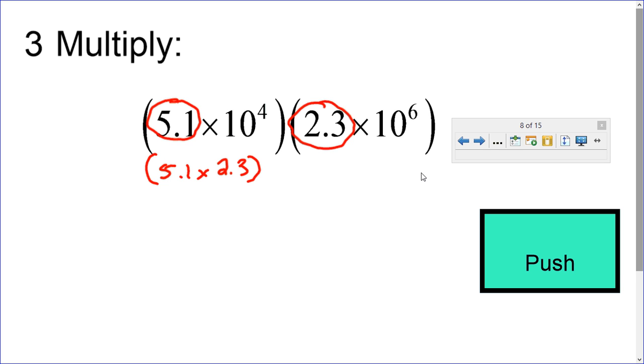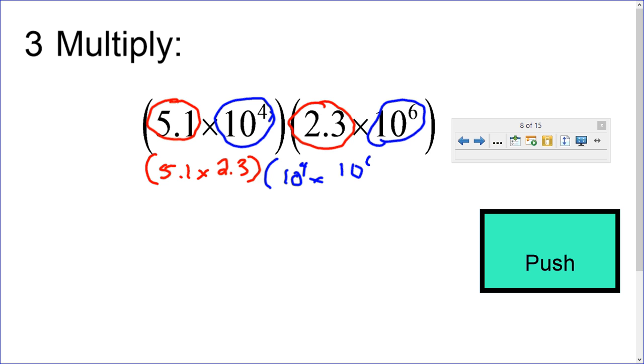Then my second step, I'm going to multiply the other numbers, which are the 10 to the 4th power times 10 to the 6th power, and I'm supposed to add the exponents.